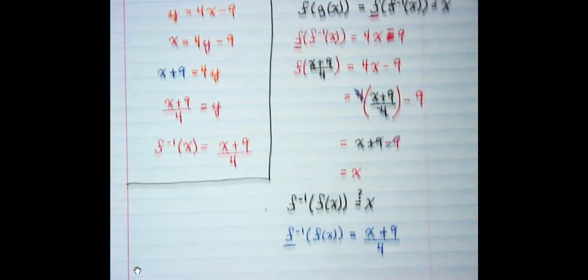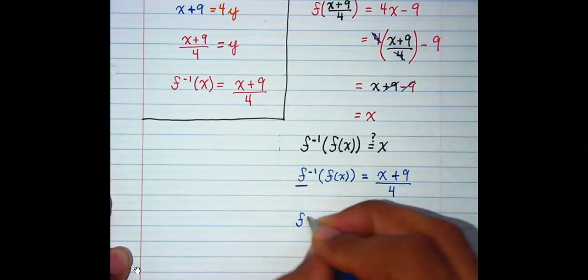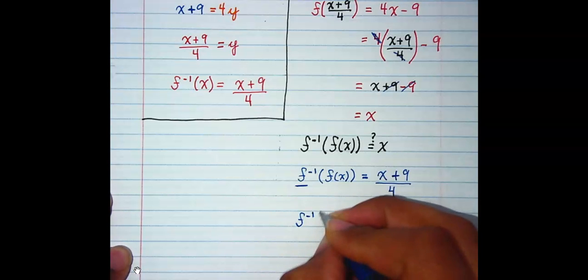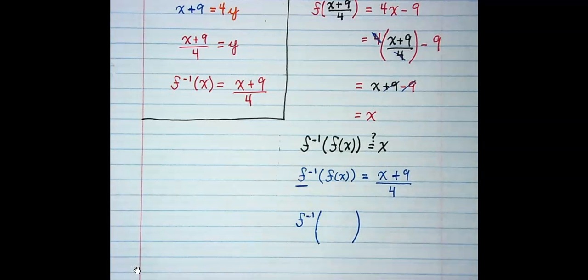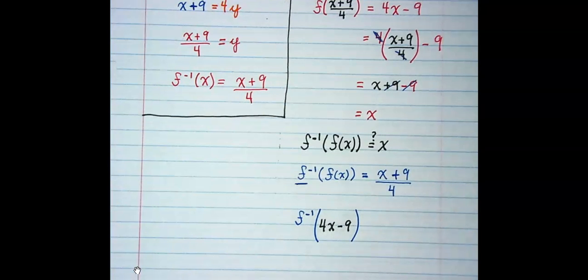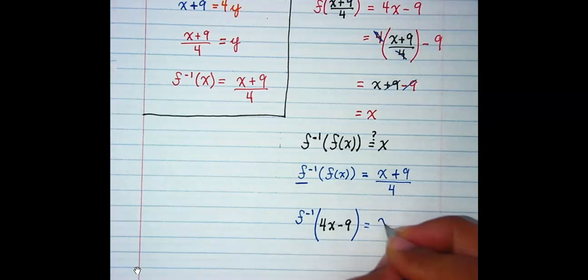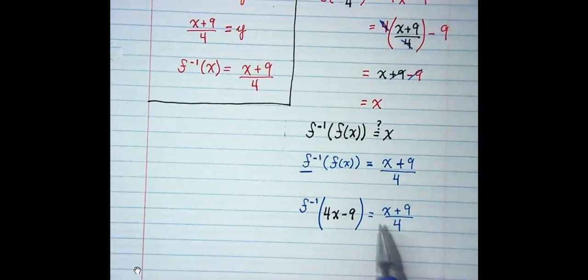And inside, like we did before, we're going to write the actual f of x function, which is 4x minus 9. Whenever we see an x, we're going to put 4x minus 9 there.